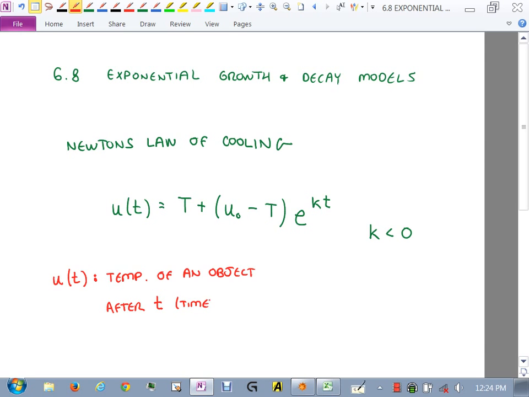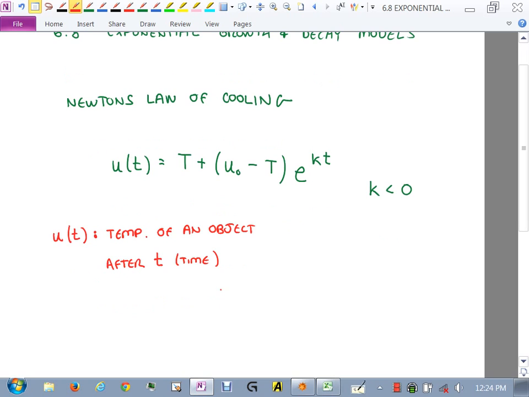I have to be a little vague here because the temperature could be measured in Fahrenheit or Celsius, and time could be measured in minutes, hours, or seconds. It just depends on what this is modeling. But the left side of this equation tells us the temperature of that object at a particular moment in time. That moment in time being t.